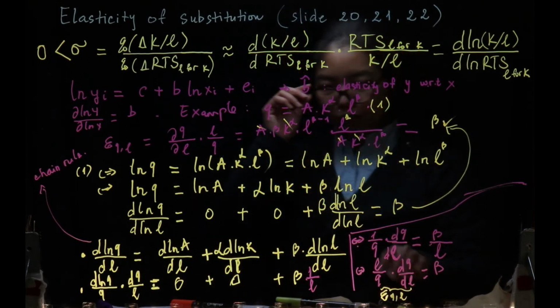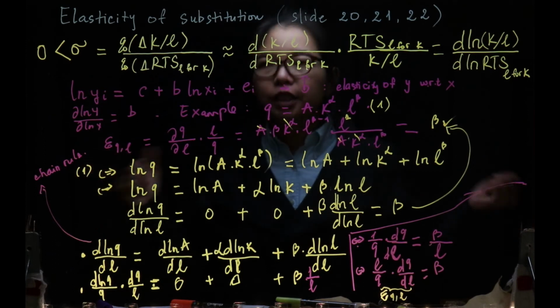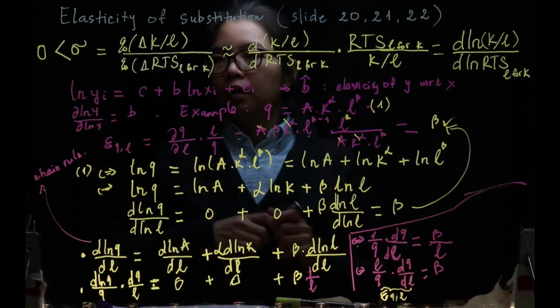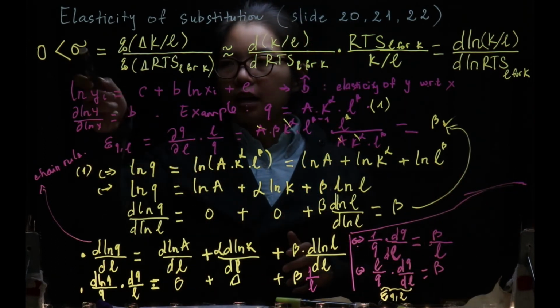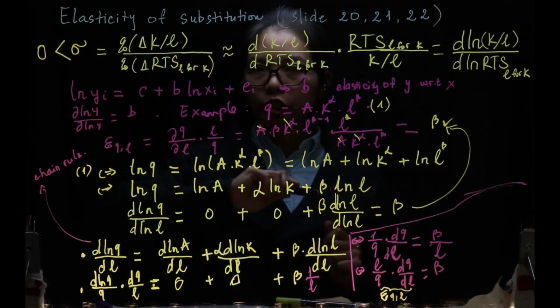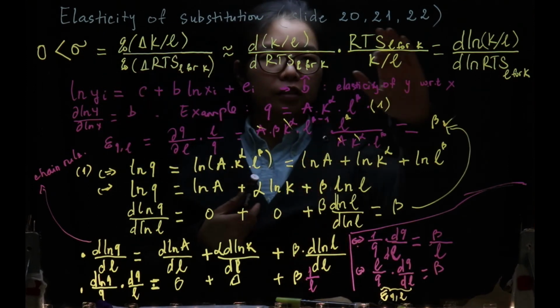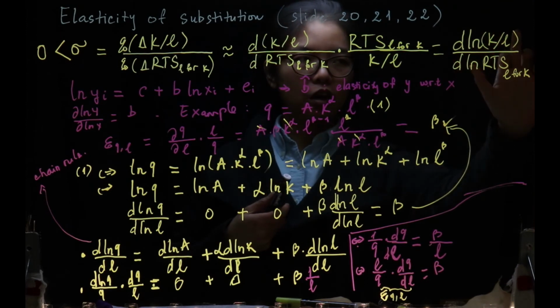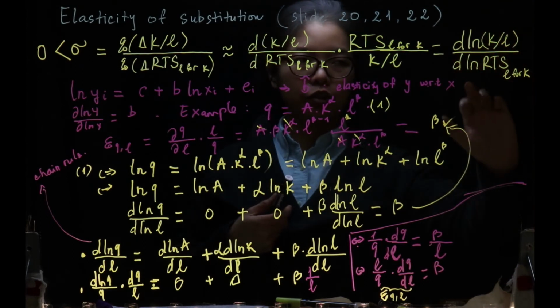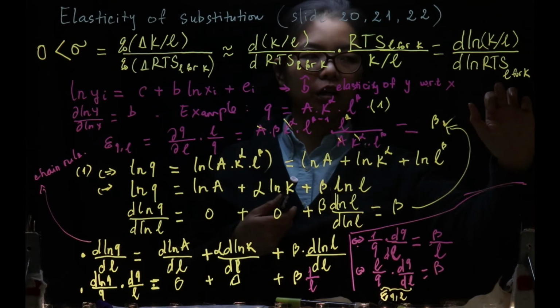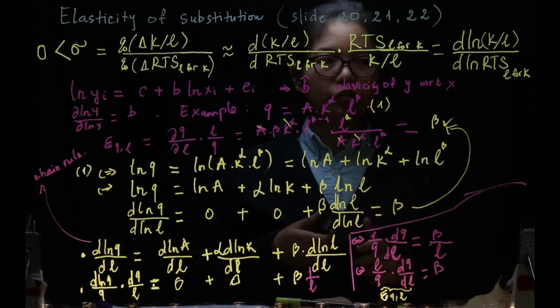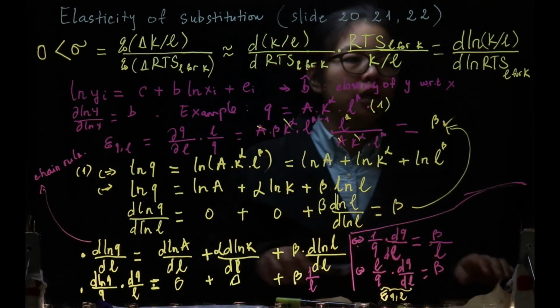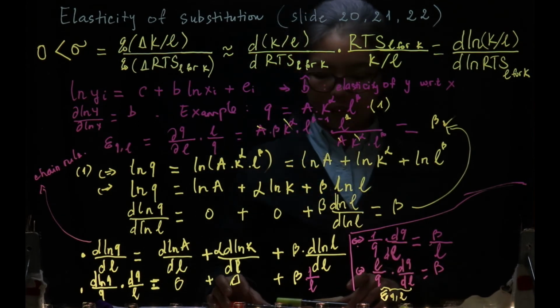By definition. So for that reason, back to here, the elasticity of substitution is the derivative of the natural log of the input ratio with respect to the natural log of the marginal rate of substitution of L for K itself.